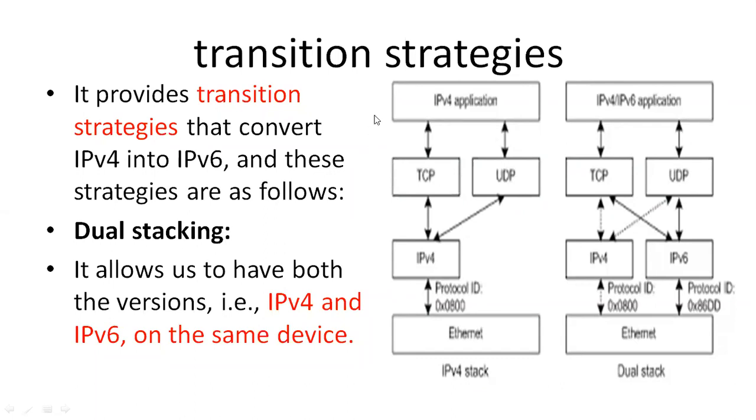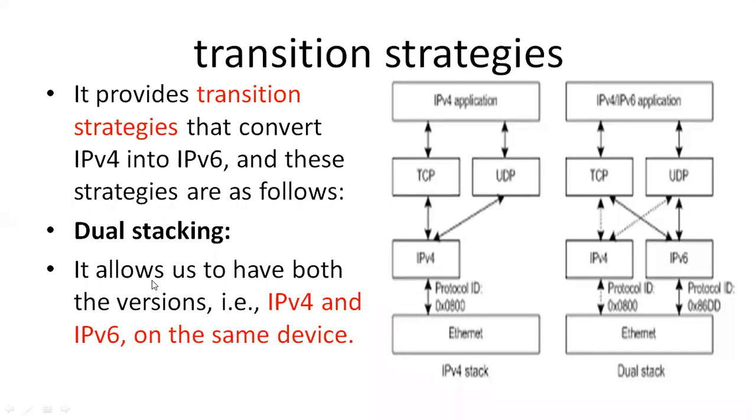The right side diagram shows IP version 4 as well as IP version 6 existing in one system. In the link layer there is Ethernet, and you use IP version 4 as well as IP version 6 in a single system.